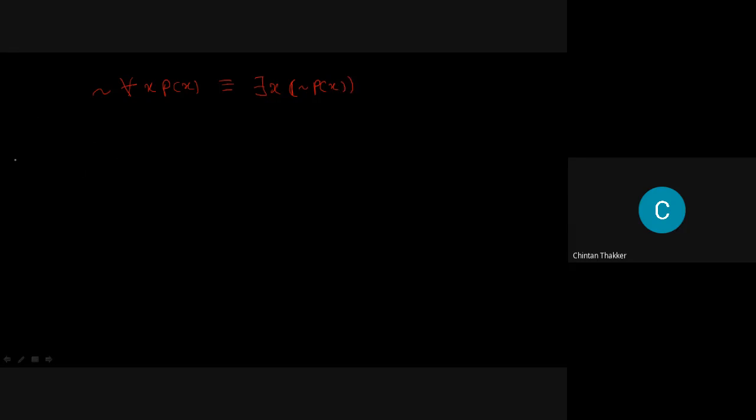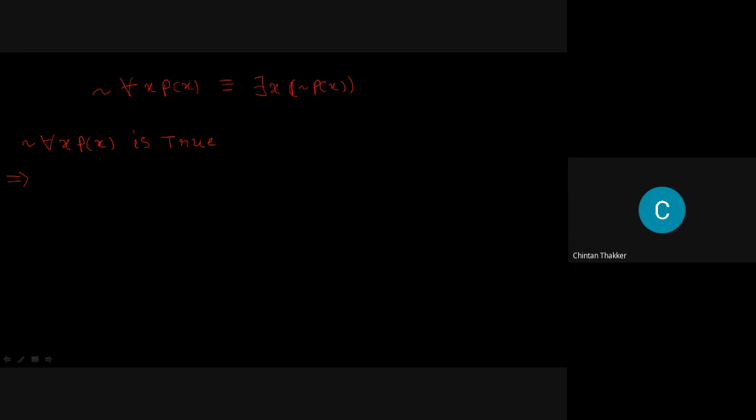Okay. So first we take here negation of for all x P(x) is true. If we have negation of for all x P(x) true, what about for all x P(x)?